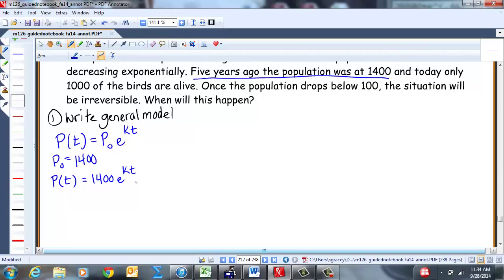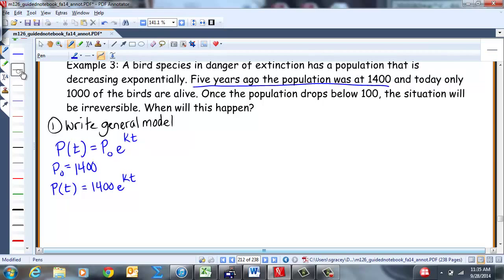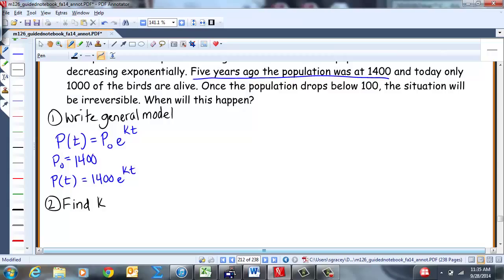Alrighty, so next up, we need to find k, right? Again, to find k, we're going to need to use given information. So in 5 years, what's happened to the population? It's decreased to an amount of 1,000.